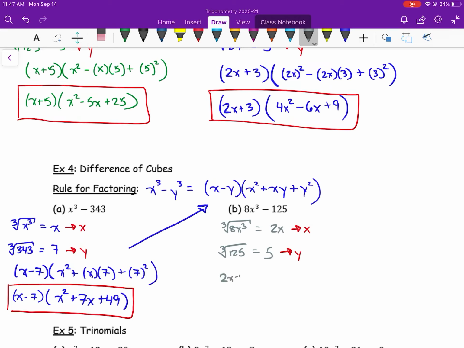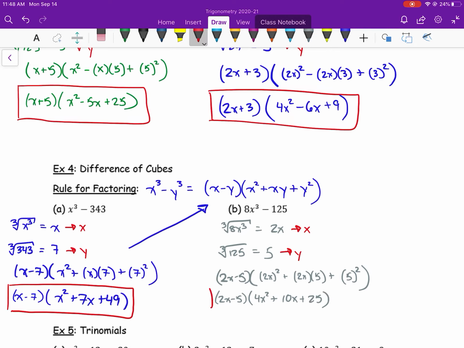So 2x minus 5 times x squared, 2x squared, plus 2x times 5 plus 5 squared. 2x minus 5 times 2x squared is 4x squared, plus 2 times 5 is 10x, plus 5 squared is 25.